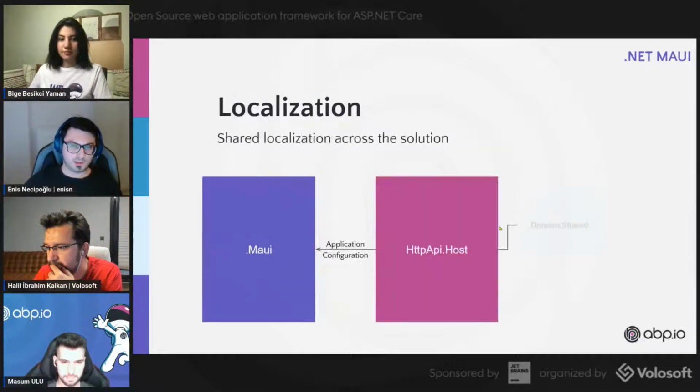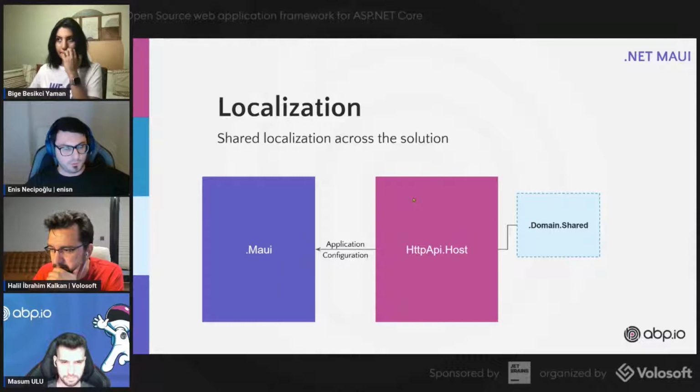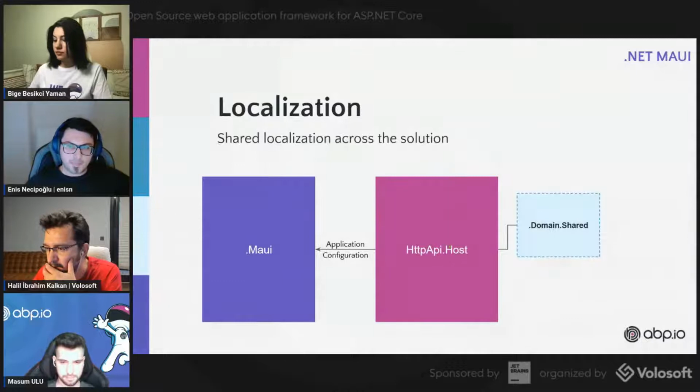And the localization, you already have a localization. If you have an existing application, or if you develop an application with ABP Framework, you know there's a localization infrastructure, so you don't have to leave that infrastructure. You can use exactly the same infrastructure here. As you know, your localization files are placed in the domain shared project, and these localizations are provided by the HTTP API host through application configuration.